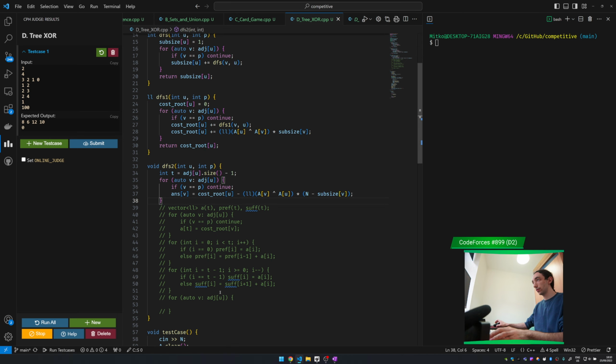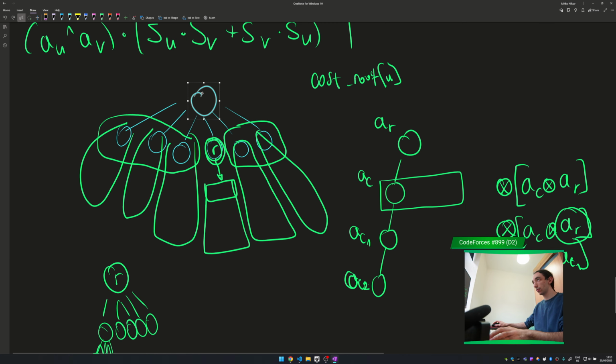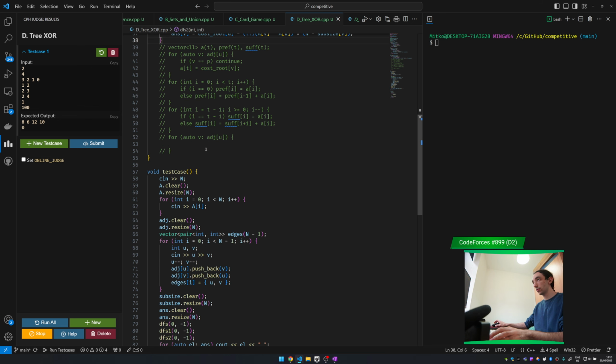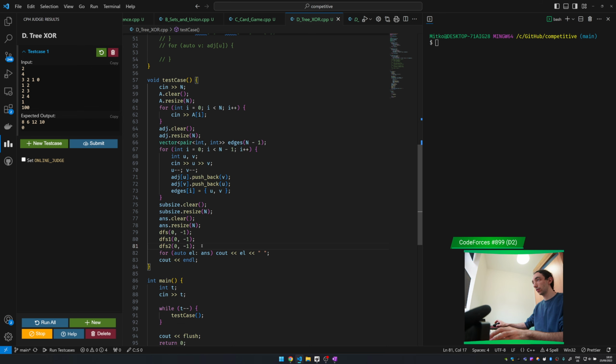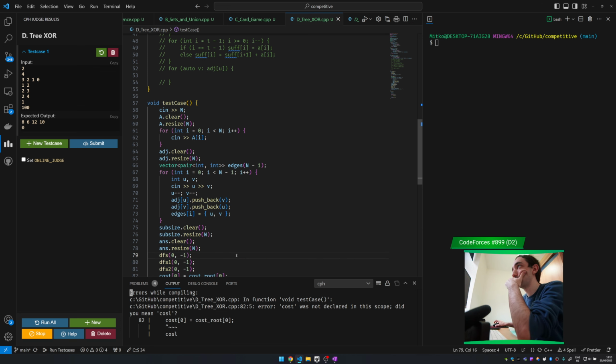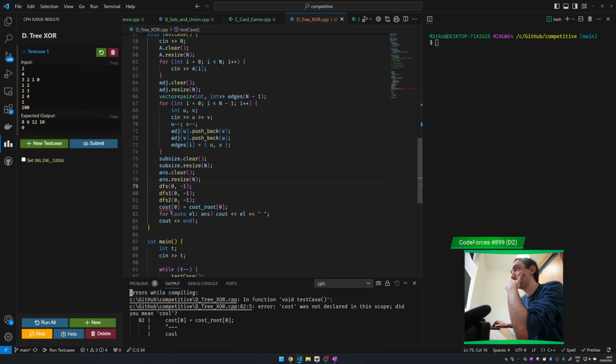This is the cost of the root node, but what if this is the root node? Then the cost of 0 is cost root of 0, something like this. Answer.